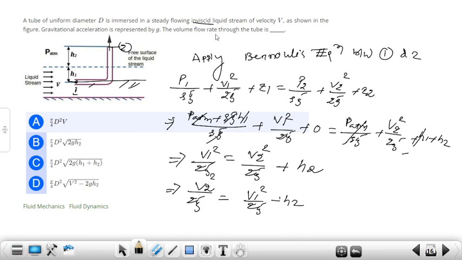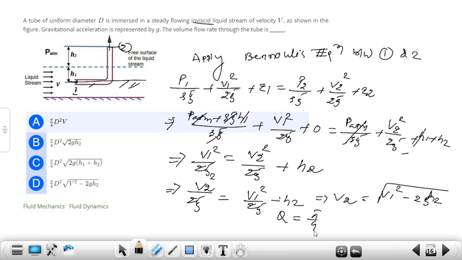We have to find volume flow rate. So V2 is equal to root over V1 square minus 2g H2. So volume flow rate Q is equal to area times velocity.